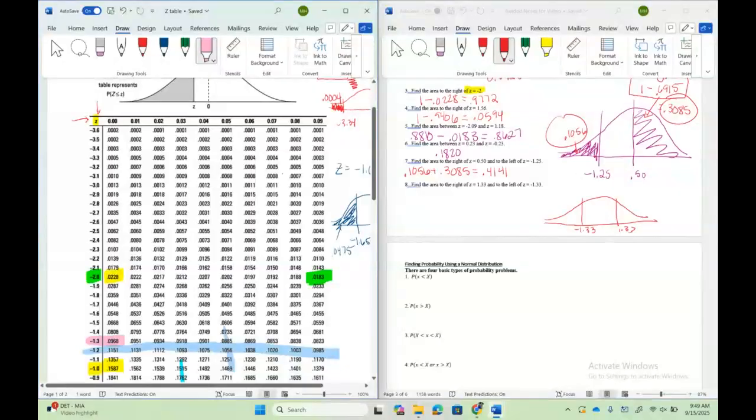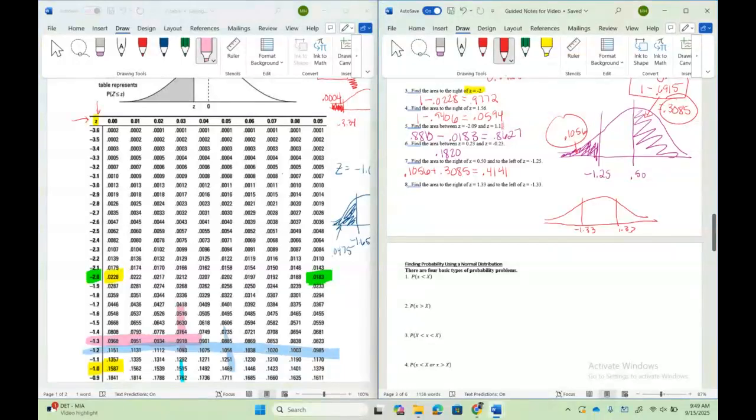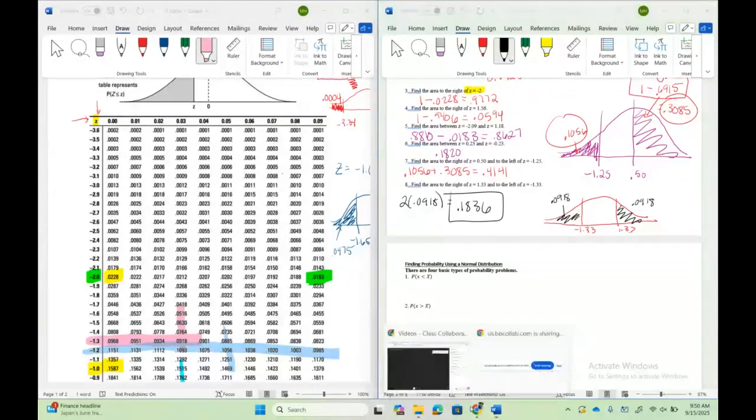Negative 1.33 right here. So this area is 0.0918. And these bell curves are symmetrical, so this area is also 0.0918. So I can just take that area and double it to get a total area of 0.1836 for my answer there. Okay, I'm going to pause this video here and make this 2 videos so it doesn't get too long.